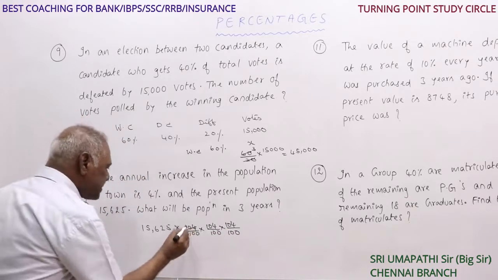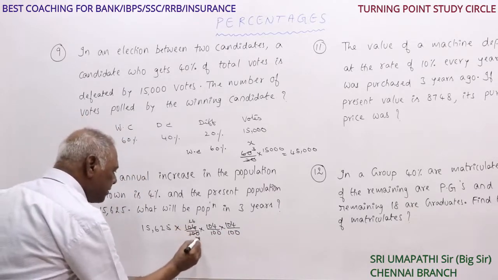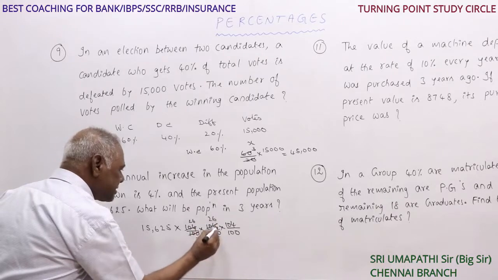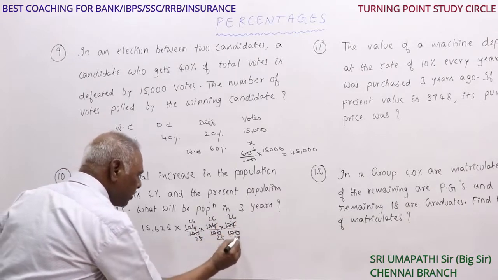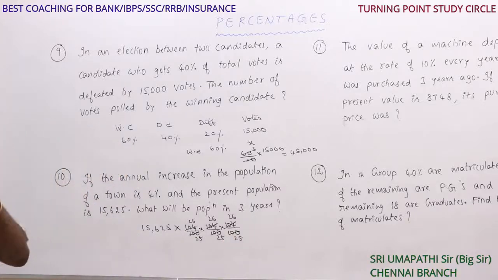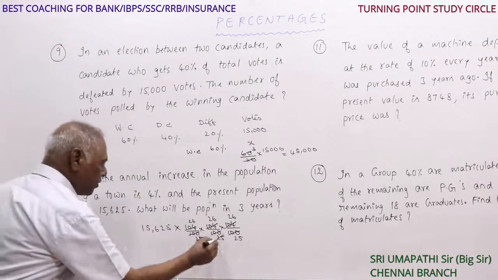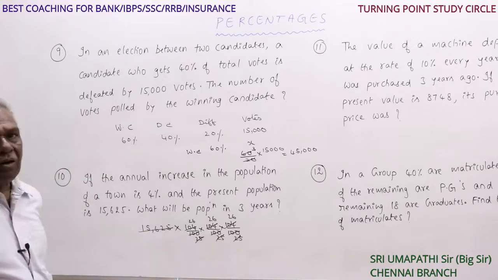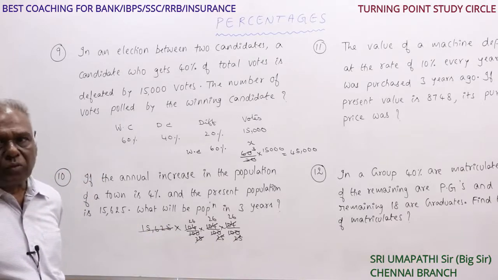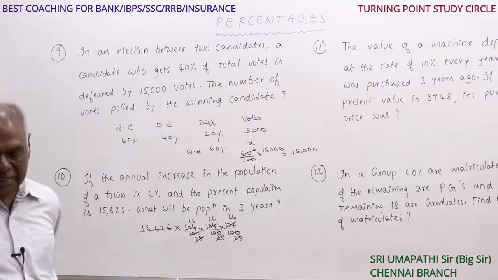So 4 26s are 104, 4 26s are 104, in a similar manner. And we know 25 cubed is equal to 15,625. So 25 cubed is equal to 15,625, or it is 625 into 25. 25, 25 gets cancelled.